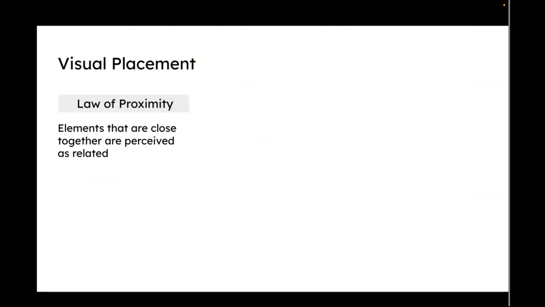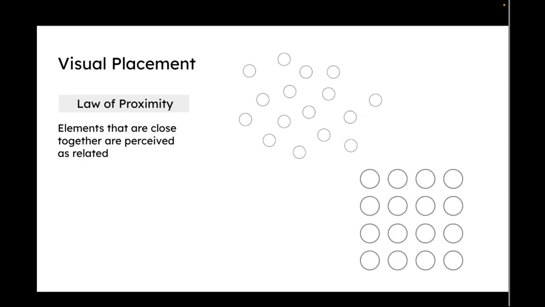Then we look at visual placement and talk about the law of proximity. This tells us that elements that are close together are perceived as related. So I have a series of different little circles here. The way they're scattered, it doesn't necessarily convey a pattern, but if I were to place them near each other like this, it would be instinctive for you to say, okay, these must be related or have some sort of relationship to each other because they are placed like that.